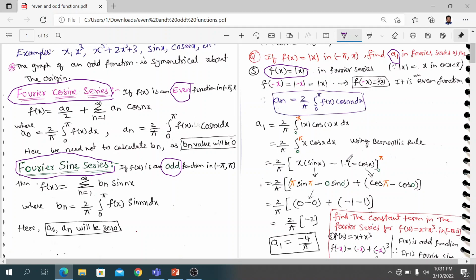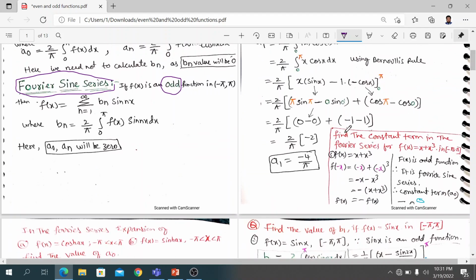Now upper limit minus lower limit: pi sin pi minus 0 sin 0, minus into minus plus, cos pi minus cos 0. Sin terms will be 0, sin pi is 0, minus 0. Cos pi is minus 1, cos 0 is 1. So 2 by pi into minus 1 minus 1, that is minus 2. 2 into minus 2 is minus 4 by pi. This is a1.